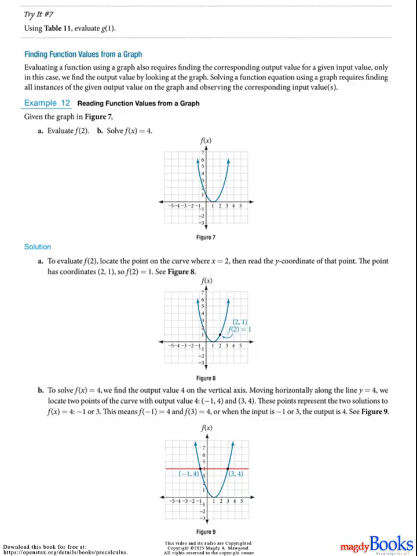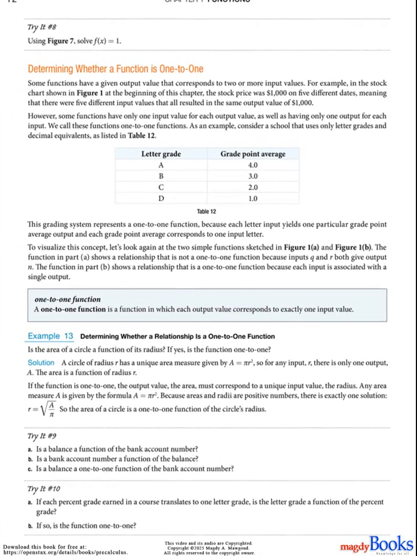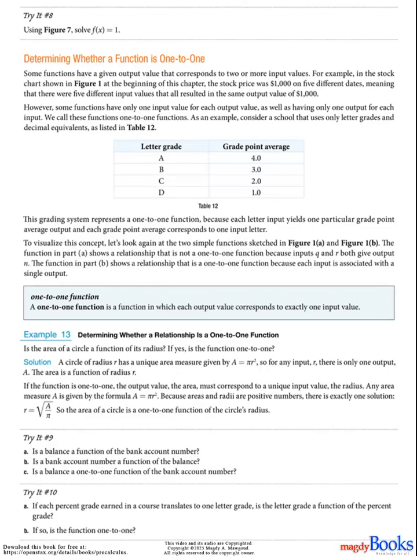This means f of -1 equals 4 and f of 3 equals 4, or, when the input is -1 or 3, the output is 4. See Figure 9. Figure 9. (-1, 4), (3, 4). Try it number 8. Using Figure 7, solve f of x equals 1.